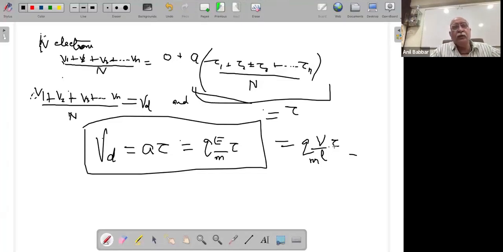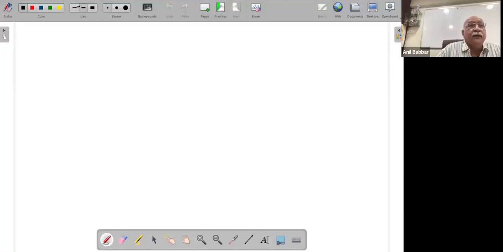Now, what is mobility of electrons? In a solid state, the electron mobility characterizes how quickly an electron can move through a metallic conductor or through a semiconductor when it is pulled by some electric field.